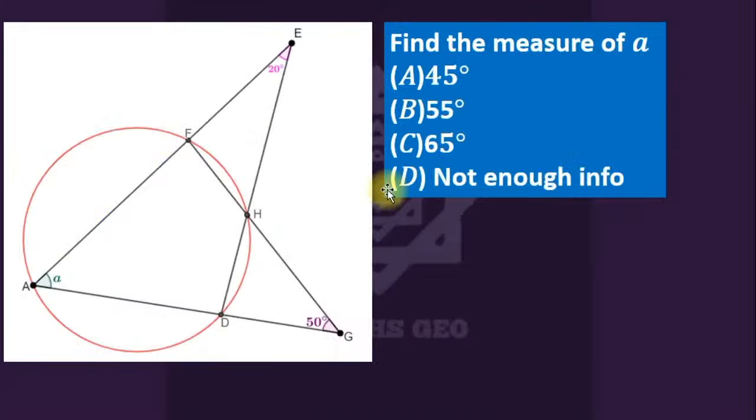We're asked to find the measure of A. So without wasting time, I will solve fast and I will show you how I got it faster. Once I have this diagram, to solve it fast, A is related to this angle and this angle, 20 degrees and 70 degrees. The angle is always equal to 180 minus their sum, over 2.